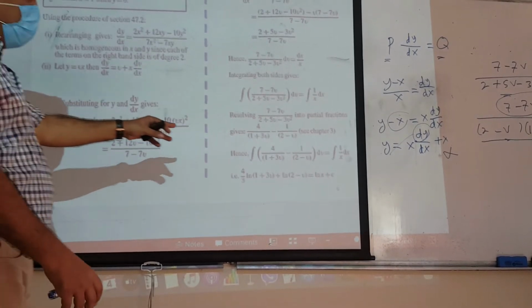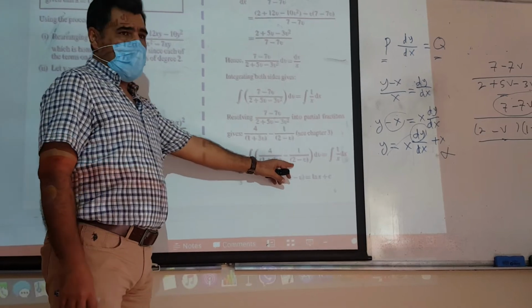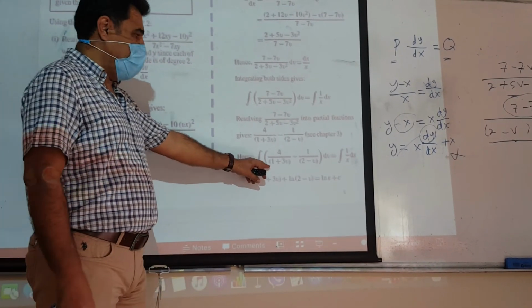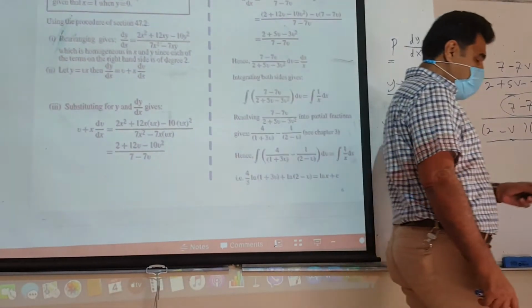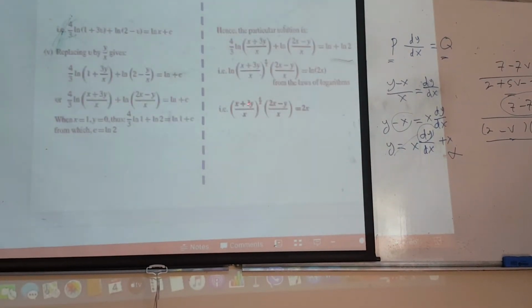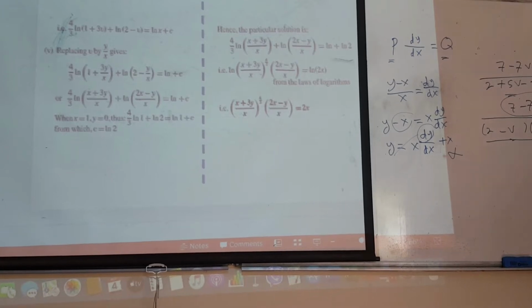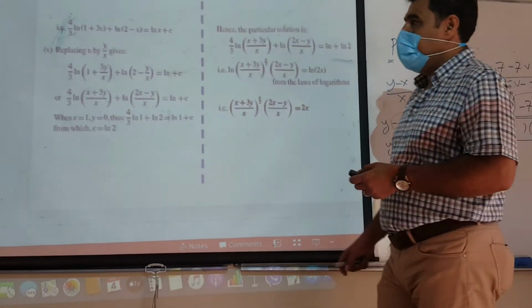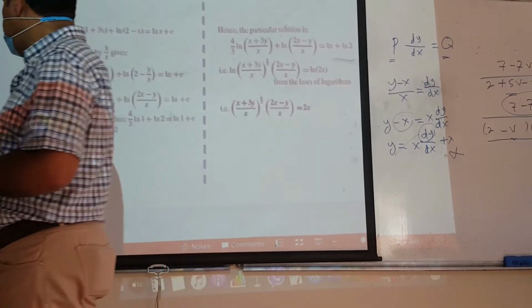So after that, you will do the normal integration for both sides, and then what we have after the integration, we have to replace.